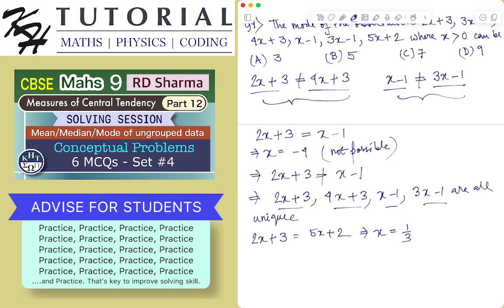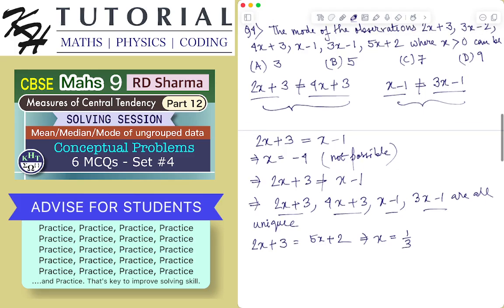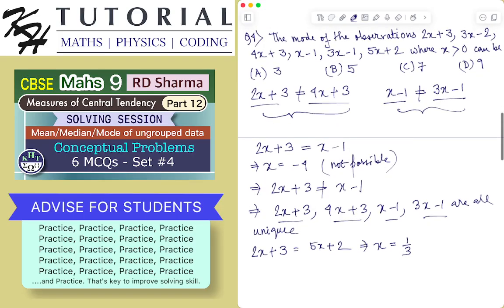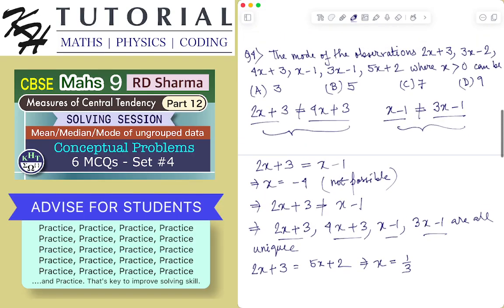So 5x plus 2 can be equal to 2x plus 3, which implies the value of x will be 1 by 3, and we will have an observation with frequency 2.